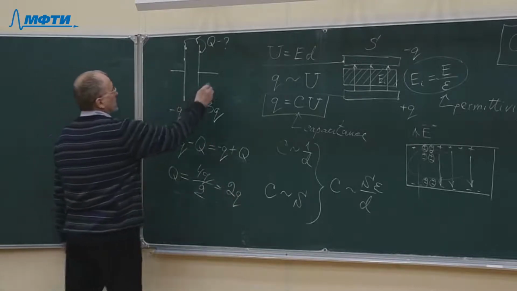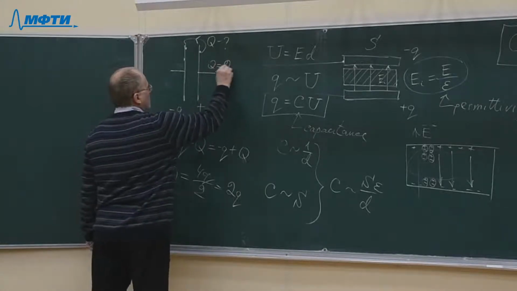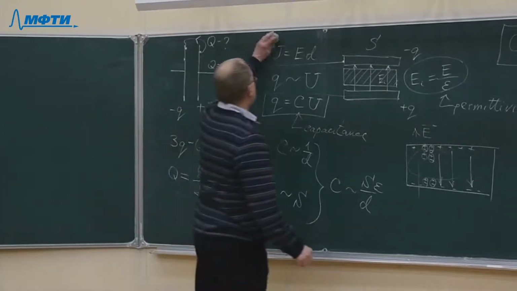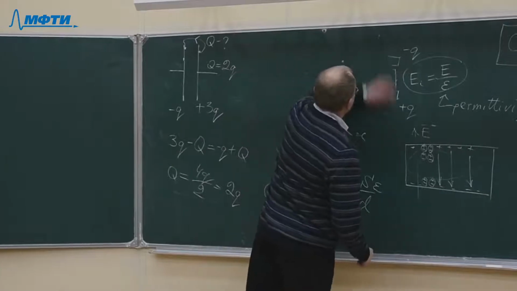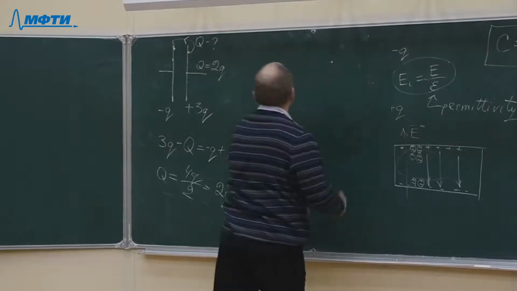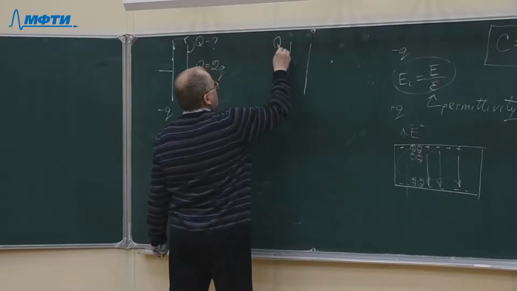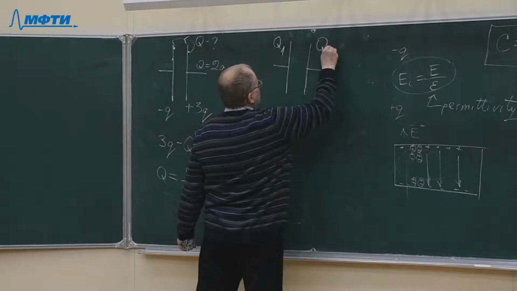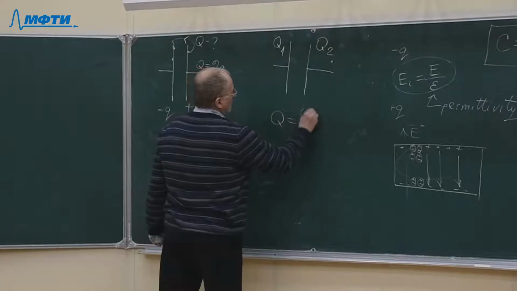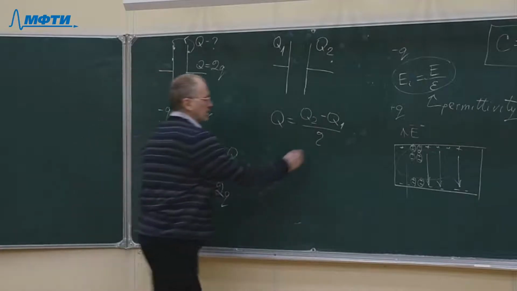For this conductor, the charge capital Q of the capacitor will be equal to small q. In the general case, if one plate of the capacitor contains charge Q1 and another plate contains charge Q2, then the charge of this capacitor Q will be equal to Q2 minus Q1 divided by 2.